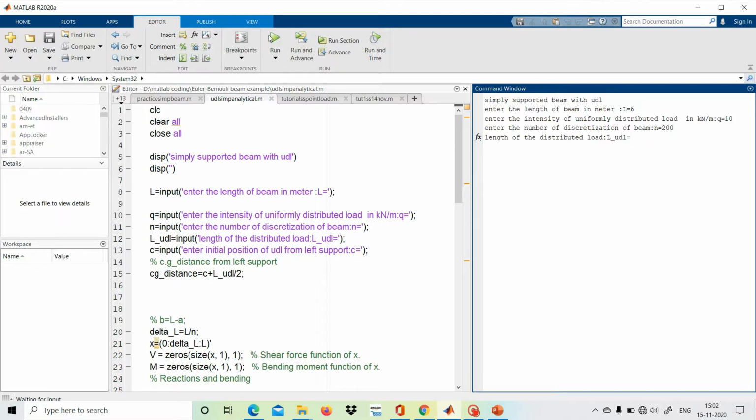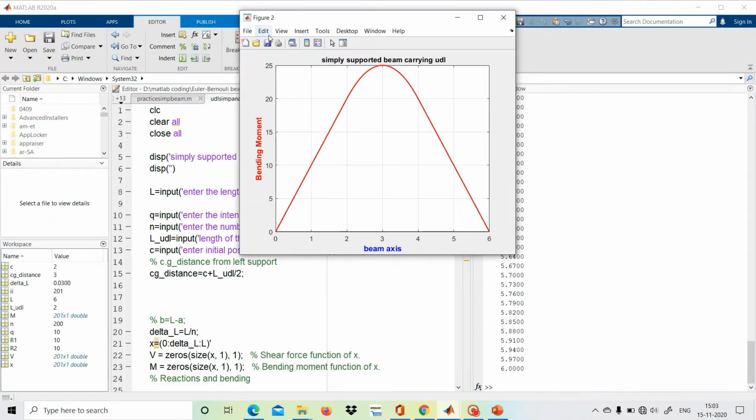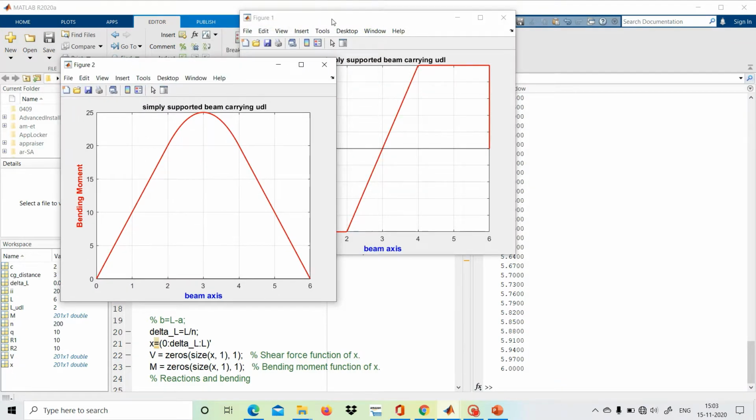Then the length of the distributed load: the total length is 6 meters, and we are giving the distributed load as 2 meters. Enter the initial position of the UDL from the left support, where it starts. We are giving 2 meters. And we can see the graph, 2 figures are there.